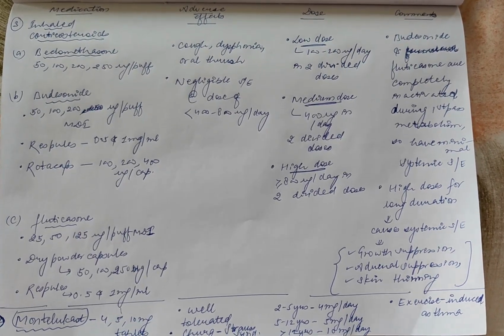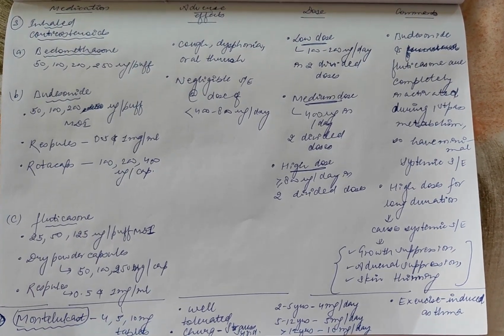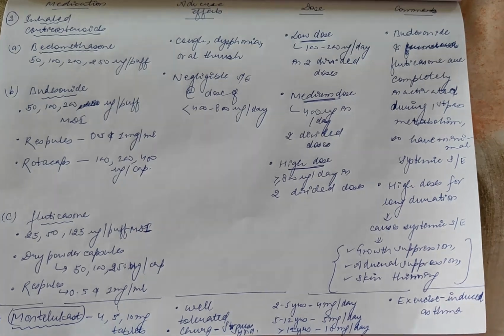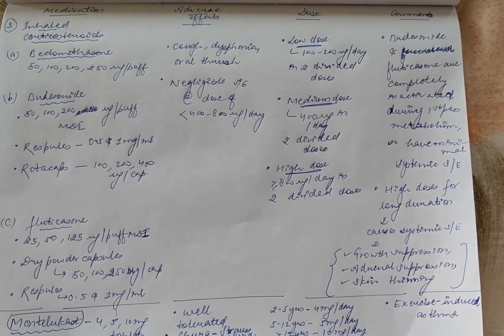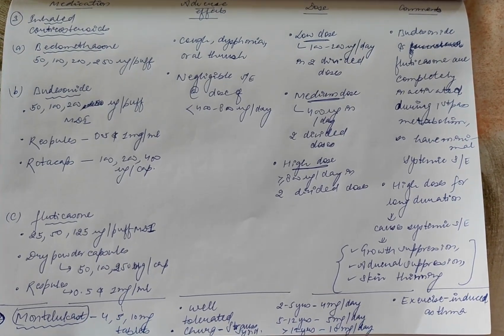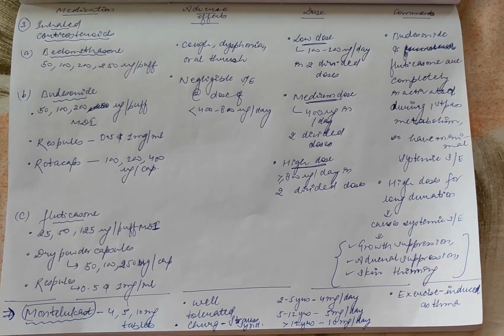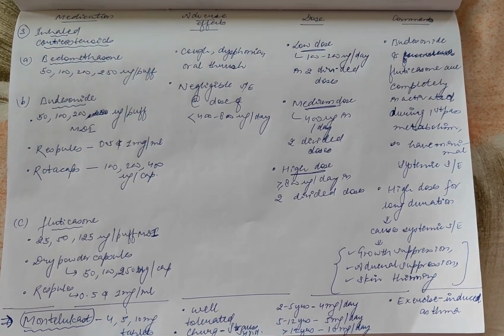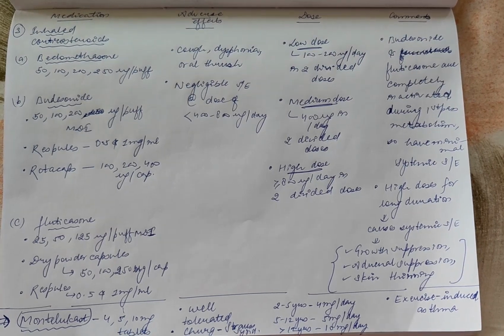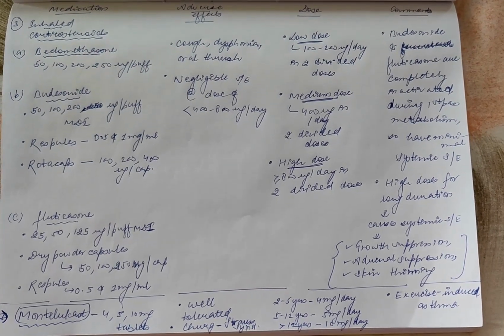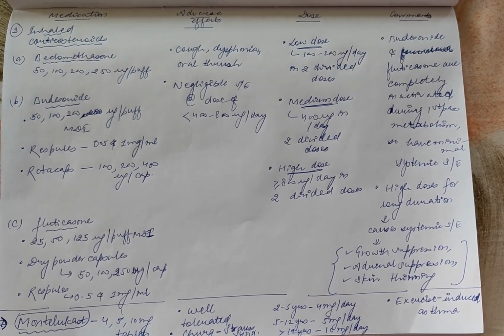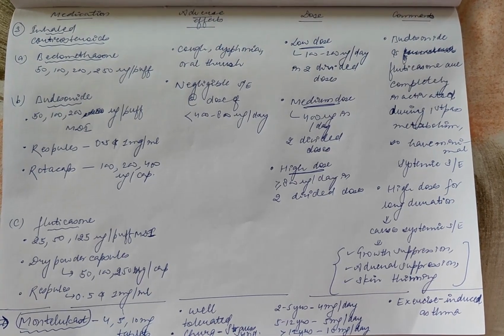Comments will be about budesonide and fluticasone. These both are largely inactivated during first pass metabolism, so they have minimal systemic side effects. High doses or long duration use can cause systemic side effects such as growth suppression, adrenal suppression and skin thinning.